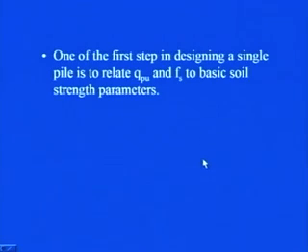So, there are a few points that we must keep in mind. Let us try to see one by one what they are. One of the first steps in designing a single pile is to relate q_pu and f_s to basic soil strength parameters. Basic soil strength parameters are what? They are c and phi, the shear strength parameters, that is cohesion and angle of internal friction.